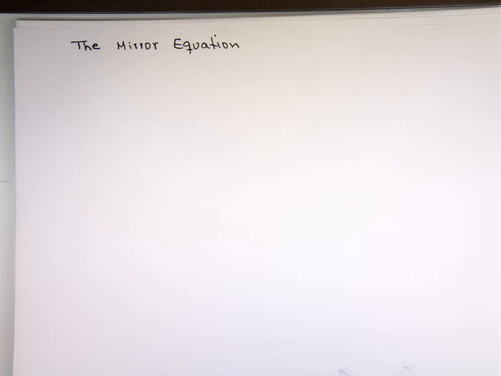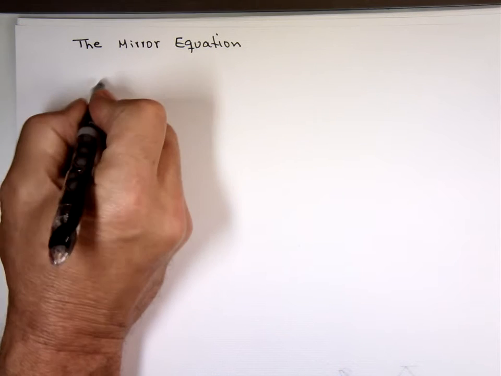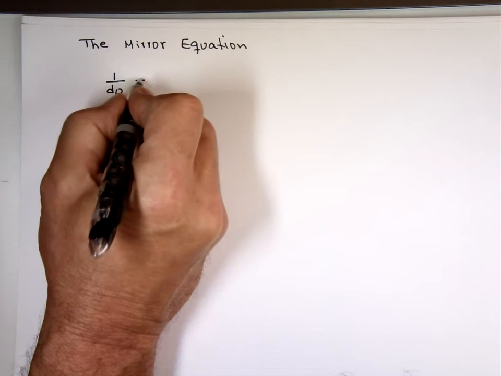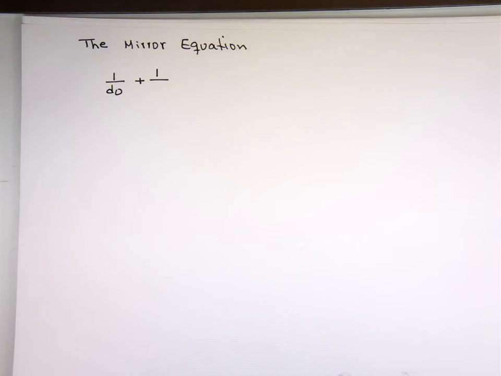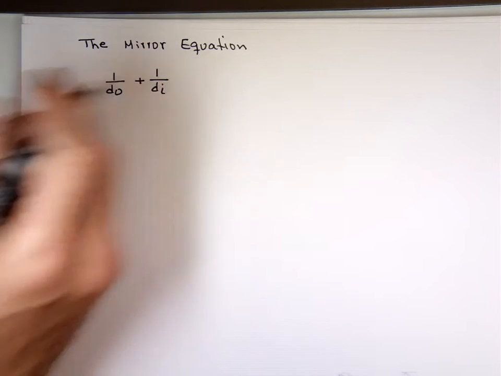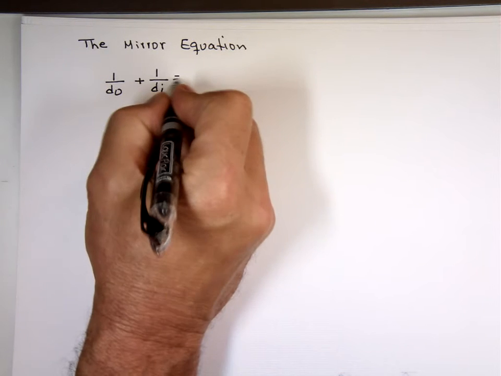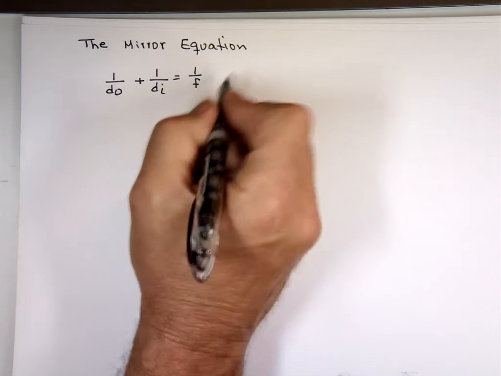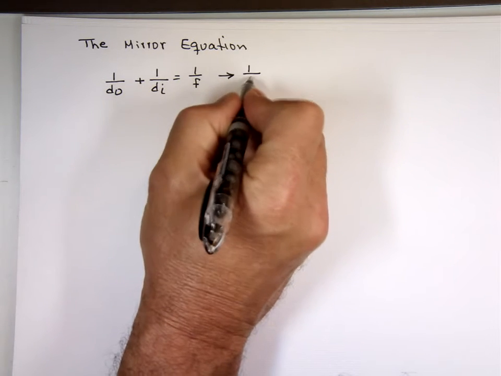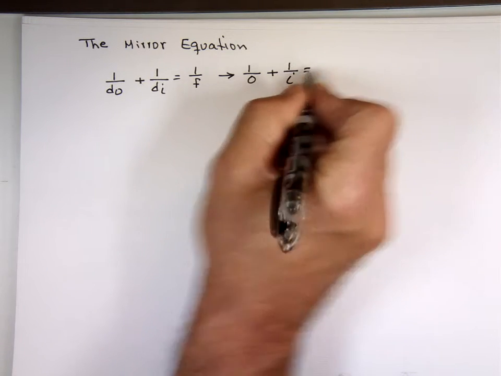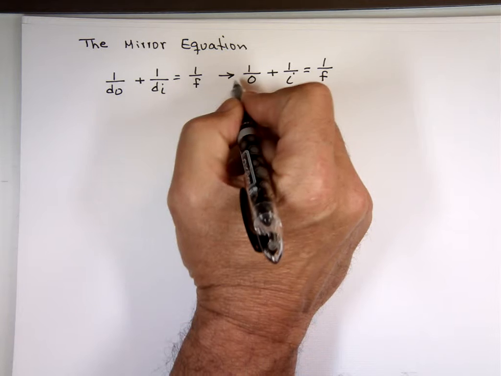And the mirror equation goes 1 over distance of the object plus 1 over distance of the image is equal to 1 over f, the focal point. Me personally, I write that 1 over O plus 1 over I equals 1 over f. O is the object, I is the image, f is the focal point.